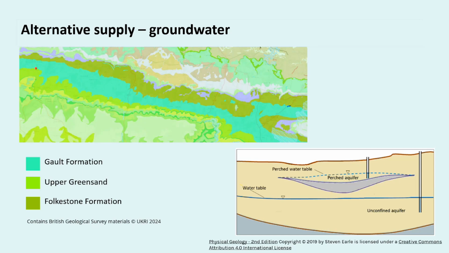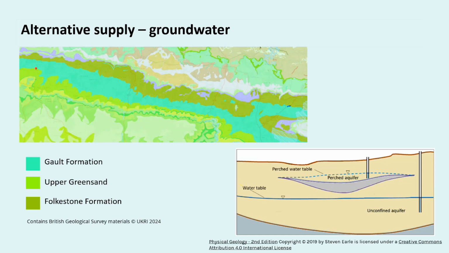So if a development is fortunately located directly over a perched aquifer, water abstracted in this way could be used for potable water on the development site, although it may require blending or treatment depending on the quality. And the yield would also need to be determined to ensure that that would be acceptable into perpetuity for the demand of the development.